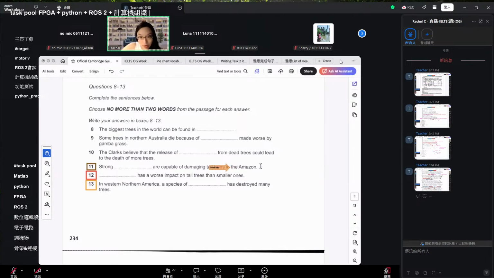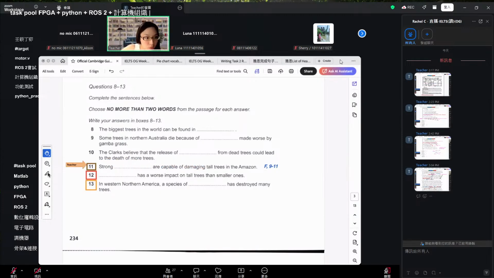Let's go to paragraph F. What's the line about? 1, 2, 3, 4, 5, 6, 7, 8, 9, 10, 11. Okay, lines 9 to 11, because that's the place where they mention the Amazon. I know something strong there, so we're looking for a plural form: damaging tall trees in the Amazon.